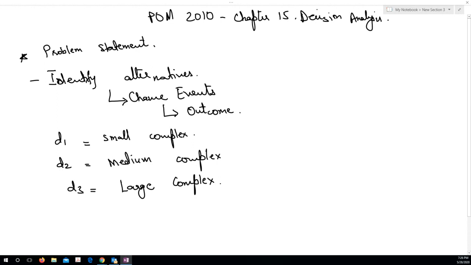So in each problem statement, the first thing we should look for is their problem. The problem they are facing is that they want to develop an apartment complex, and they don't know what the future demand will look like.